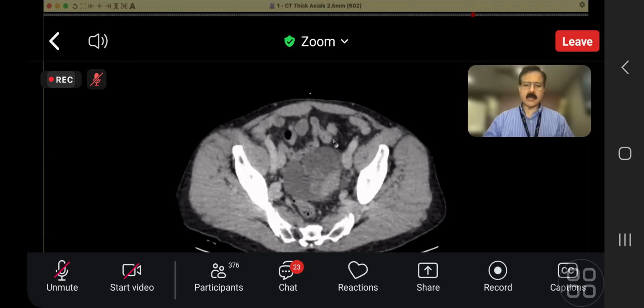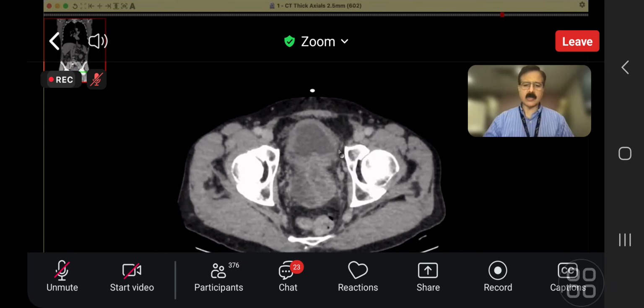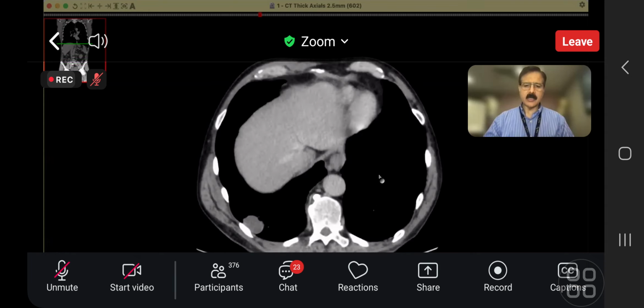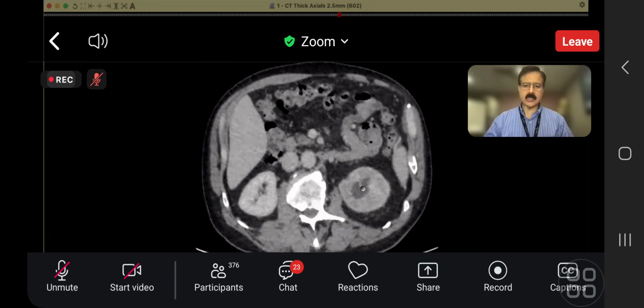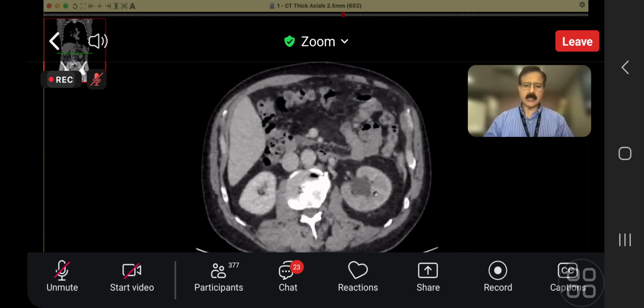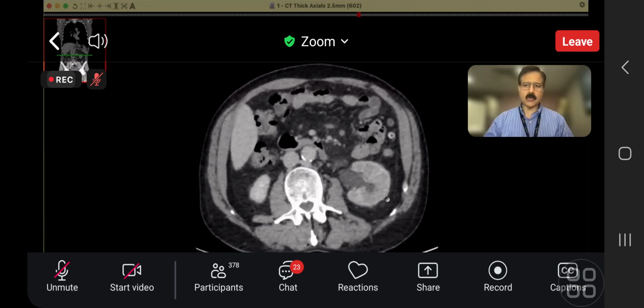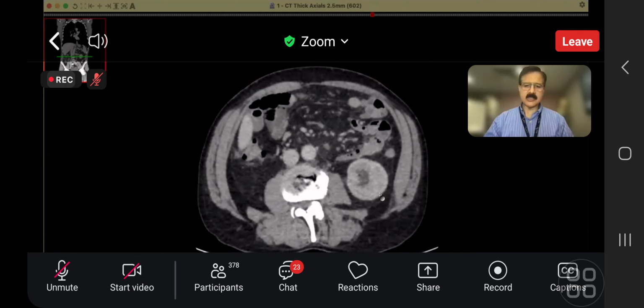Now, of course, upstairs, we did see that there were lung mets and the kidney findings were very well picked up. And this also tells you when there is hydronephrosis or obstructive uropathy, the attenuation or the nephrogram phase is delayed.